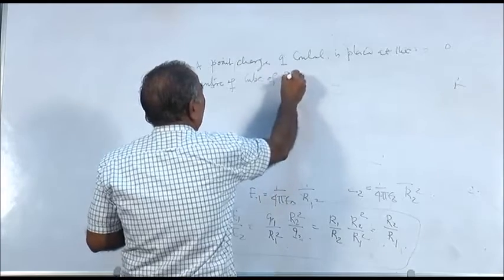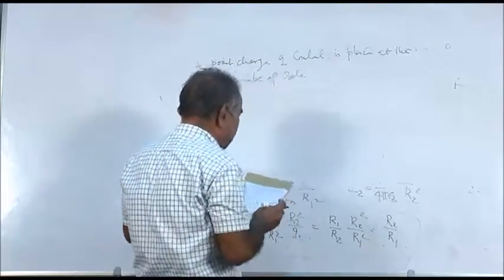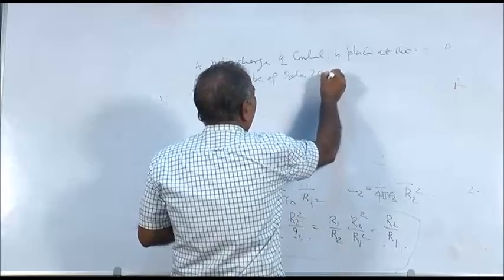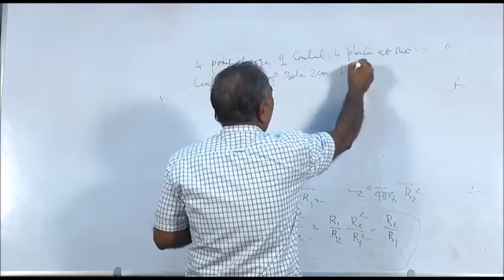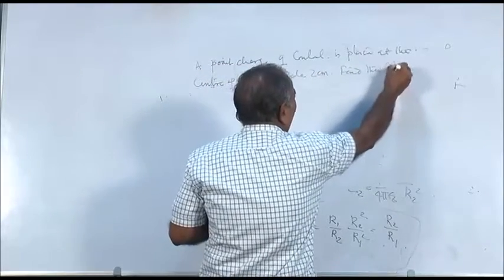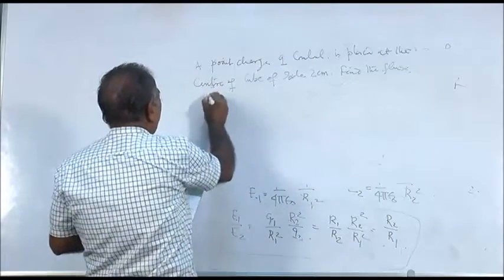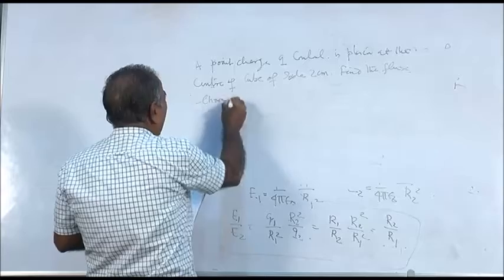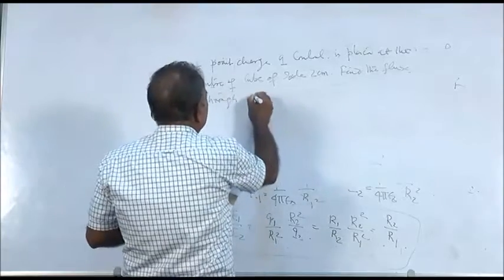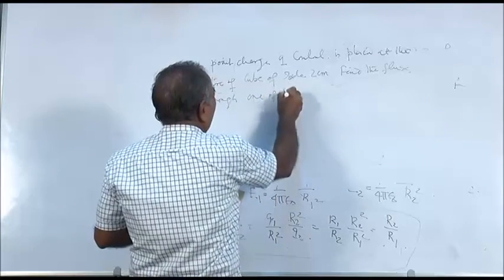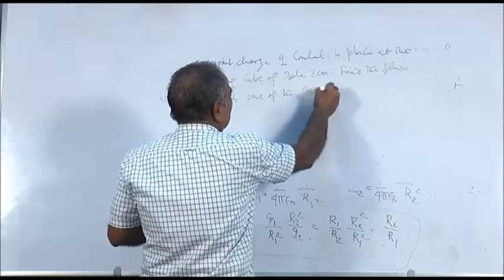Every side of the cube is 2 centimeter. Find the flux through one of the faces of the cube.